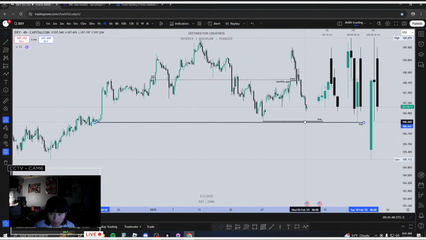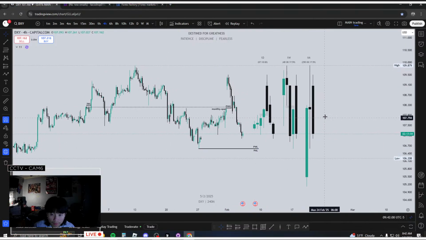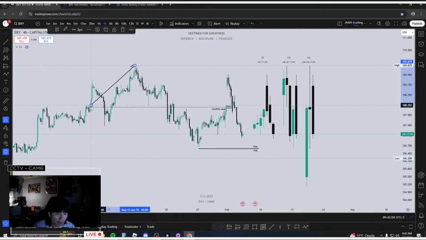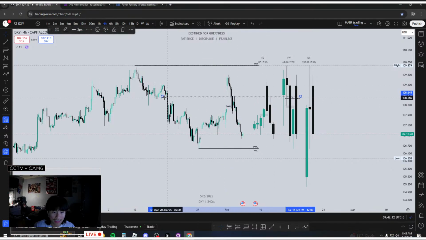Previous month's low is at previous week's low. And previous month's high is here. The monthly open, we actually gapped up here.